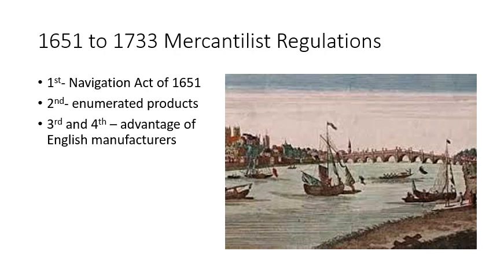Basically, this is going to say that all trade within the British Empire had to be conducted on English or colonial ships. They also would say that the crews on those ships had to be made up of at least half Englishmen or colonists. This was specifically aimed at the Dutch.